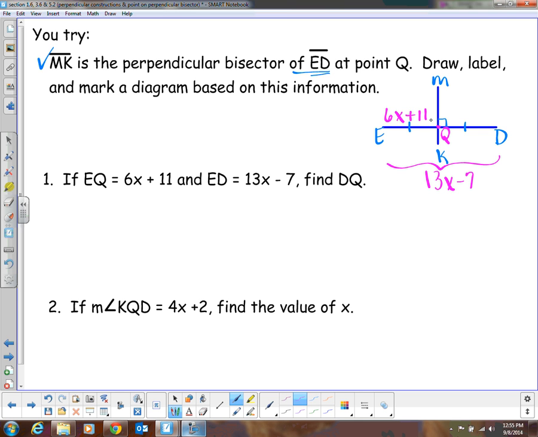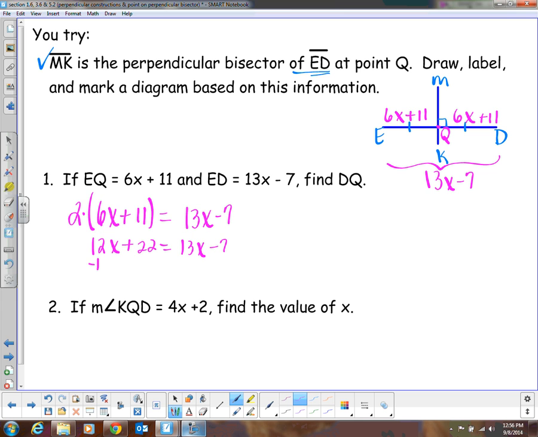So because of those tick marks, we know this is 6x plus 11. We could do 6x plus 11 plus 6x plus 11, or we could say, look, I'm just going to double 6x plus 11 and set it equal to 13x minus 7. If you distribute, you get 12x plus 22, and that equals 13x minus 7.